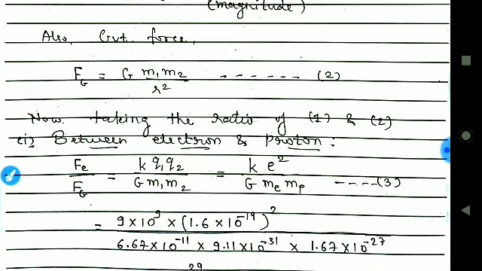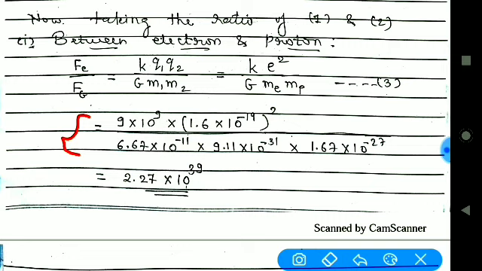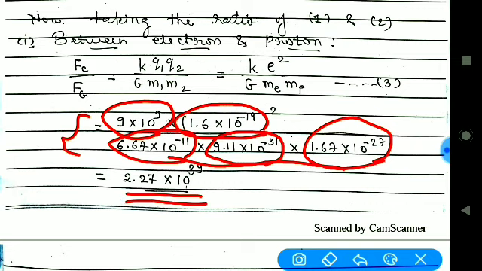Now next part is simply you have to put the values. This is value of K, this is value of E, this is value of G, this is value of mass of electron, and this is value of mass of proton. So putting all these values which are given and calculating with the help of calculator, we get this answer.